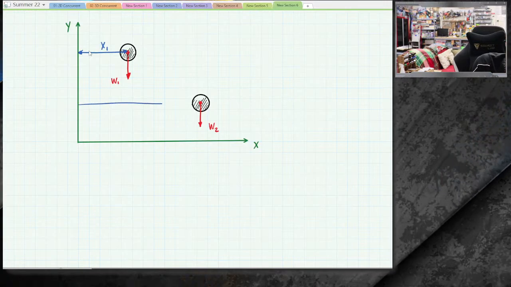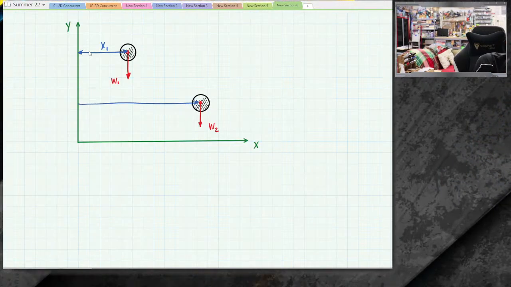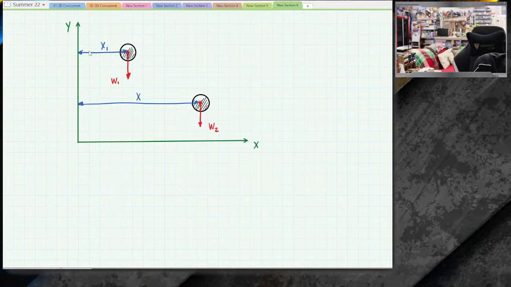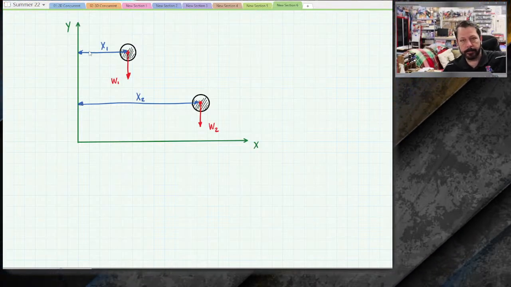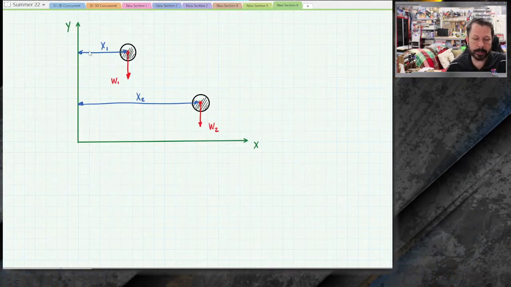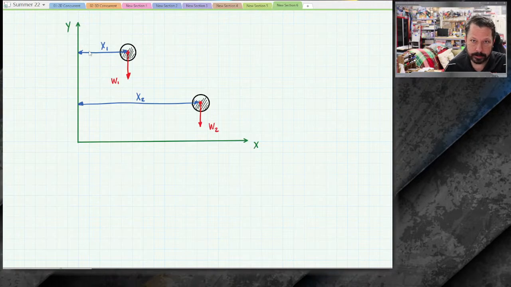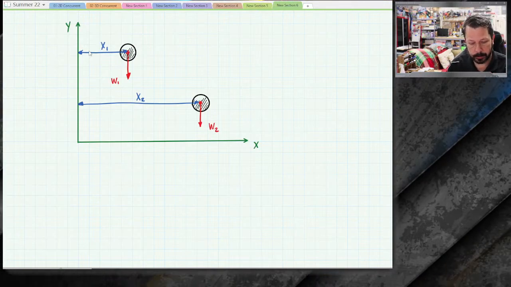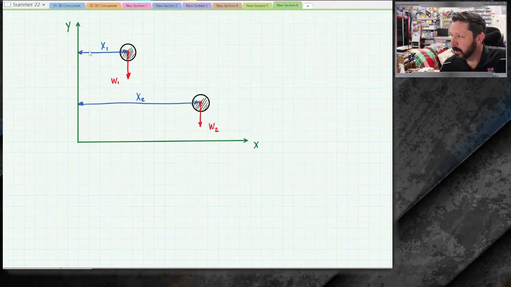Same thing over here, except it's a 2. And both times I'm measuring over to my reference y-axis. So I do have to have this reference point. If I were doing the y coordinates, then I'd measure from the x-axis in the y direction to get y1 and y2. But I don't want to cloud it up too much right now.